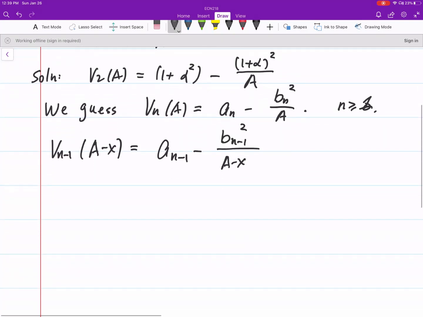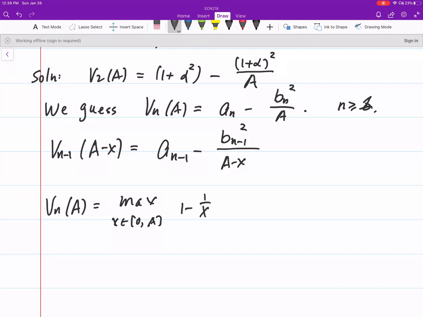Then we want to solve the following problem. Vn of A is equal to the maximum over x between 0 and A of 1 minus 1 over x, plus beta times Vn minus 1, so An minus 1 minus Bn minus 1 squared over A minus x.